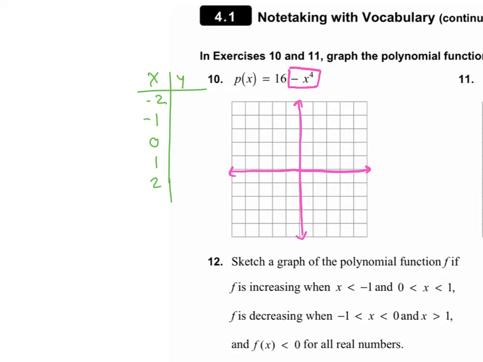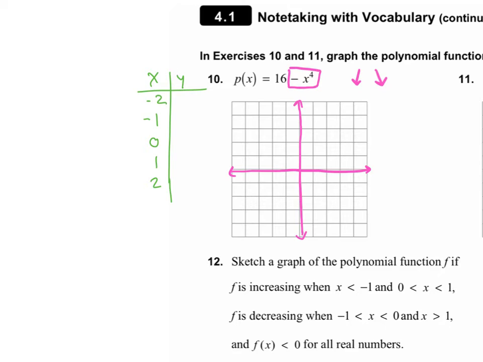Same, because it's even. So it's either going to be up and up or down and down. Which one? Down and down, because it's negative. So our end behavior here is going to be down and down. So we just have to plug in these points and then connect our dots with a smooth curve and then make sure our arrows are going down and down.